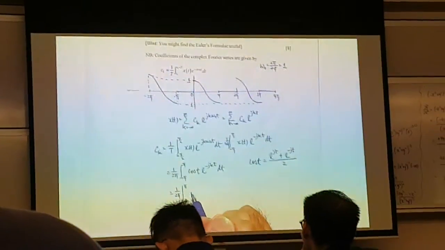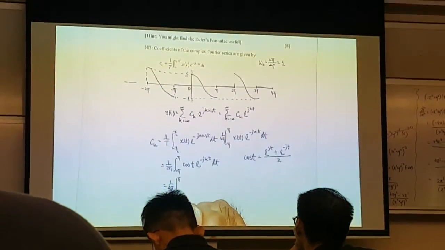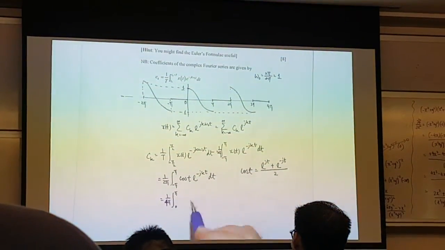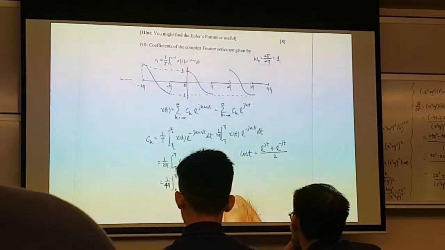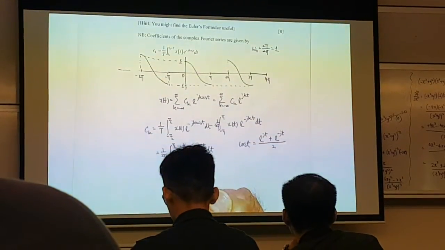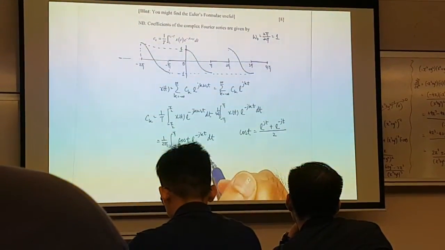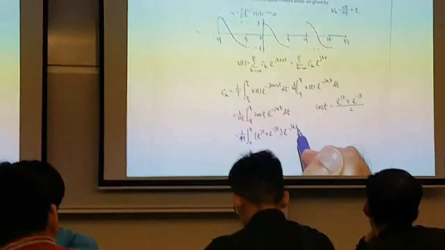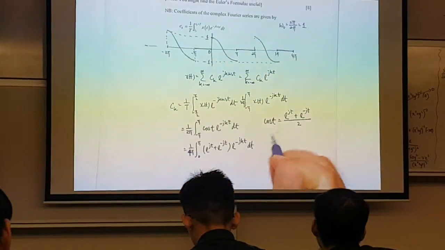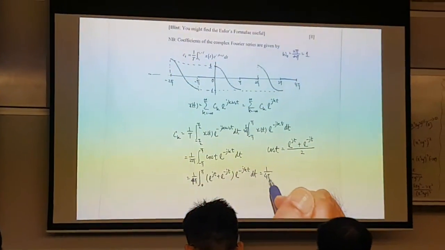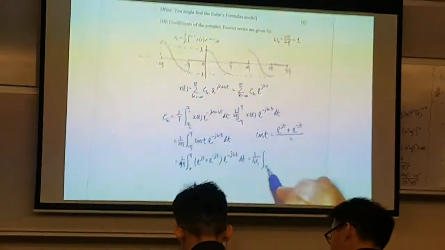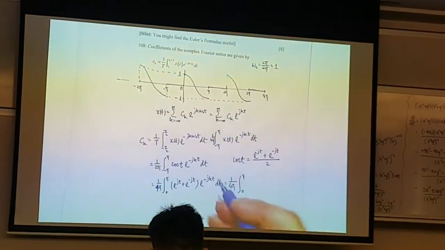So this one I can actually put 4 as the limit. I take out the half, so I have e to the power of jt plus e to the power of minus jt, multiplied by e to the power of minus jkt dt. If you were to try to integrate them, I can combine them together.